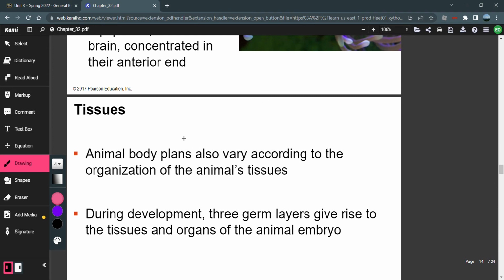So tissues. We all know what tissues are. If you're in biology and you don't know what a tissue is, well, I suggest you catch up. Just a quick recap: a tissue is a group of cells different from another group of cells, whether it's heart tissue, epithelial tissue, arterial tissue, whatever tissue.